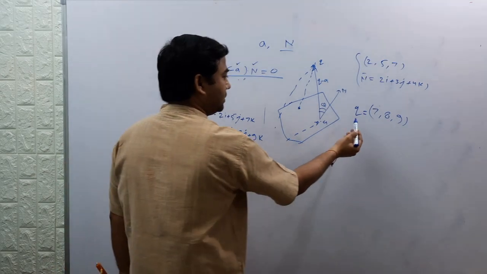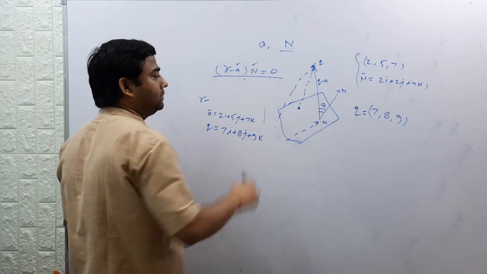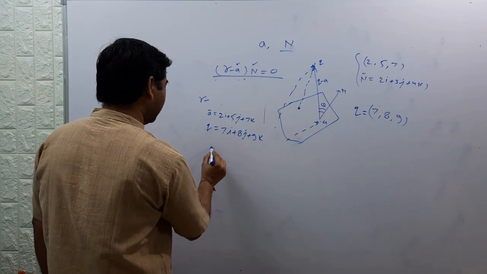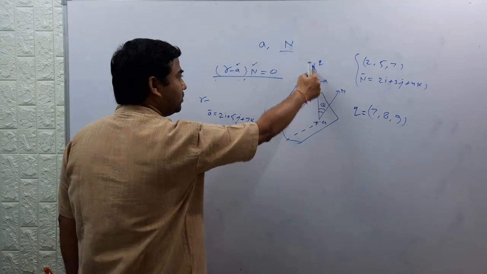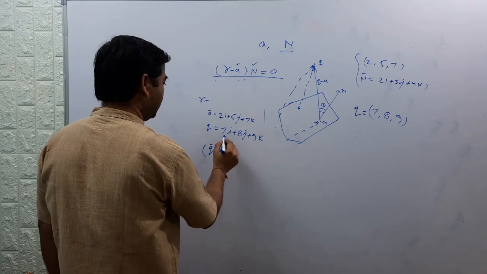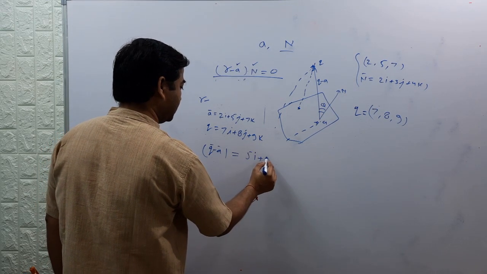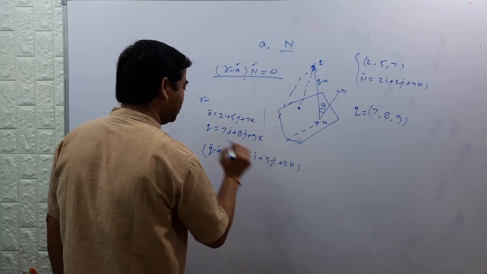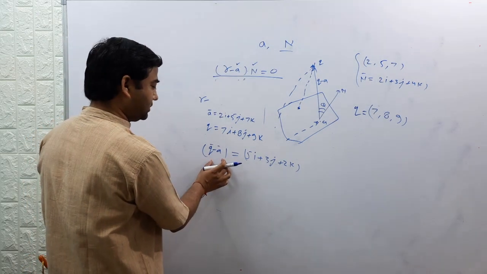Q means the position vector of point Q, from where we want to find the perpendicular distance to the plane. So vector Q minus A is equal to 5i plus 3j plus 2k.